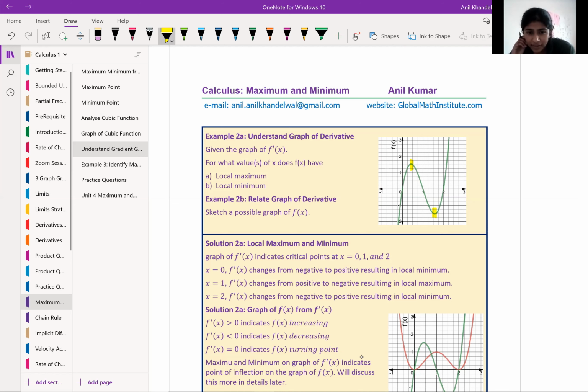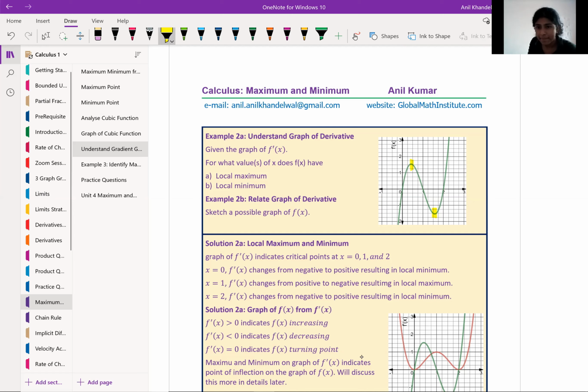Yeah. So when you are analyzing the derivative graph, you have to look from the critical point. You remember in the last example, when we started with the polynomial equation, we first found the derivative, and then we said these are our critical points, which we got after factoring. In this case, the derivative is already before you.